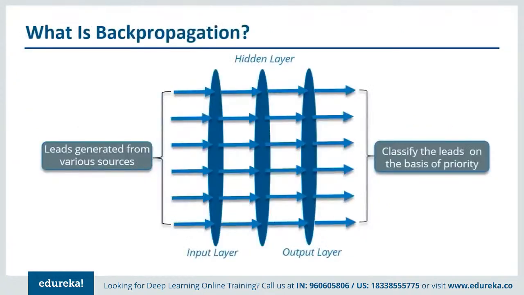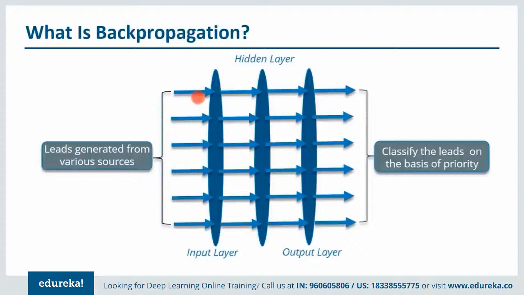So what is backpropagation? Let us understand this with an example. We'll take the inputs as the leads generated from various sources, and my aim is to classify the leads on the basis of priority. There might be certain leads which won't make that much difference to me compared to the other leads. In that case, I need to make sure the leads which are important get the highest amount of weight.